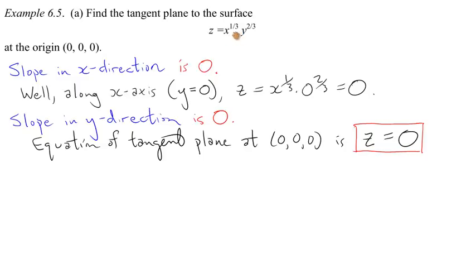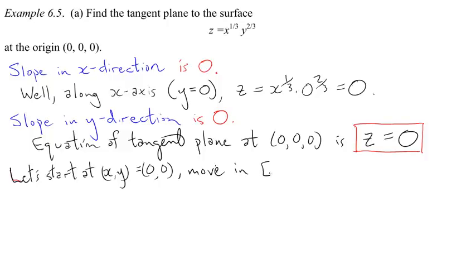But certainly if you move in other directions, this has got to change. So let's now consider starting at the origin in the xy plane, xy equals 0, 0, and let's move in the direction 1, 1.